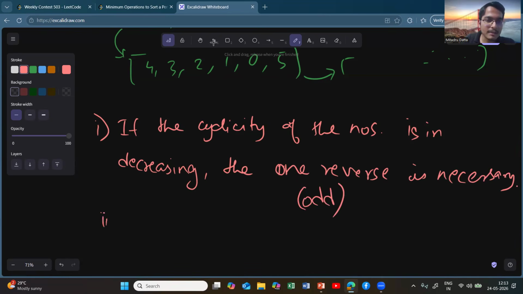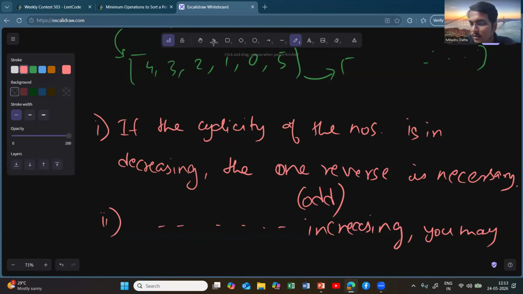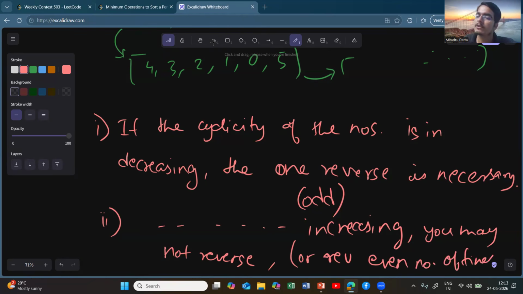And if the cyclicity of the numbers is increasing, that is, if you write the array side by side and you get an increasing array from 0 to n minus 1, then you may not reverse at all, or you can reverse twice, or an even number of times. Then you will ask, why would I reverse an even number of times? Because if I reverse an array two times, it becomes the same array.